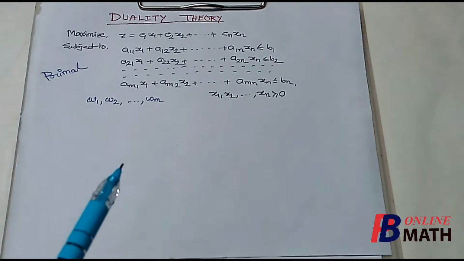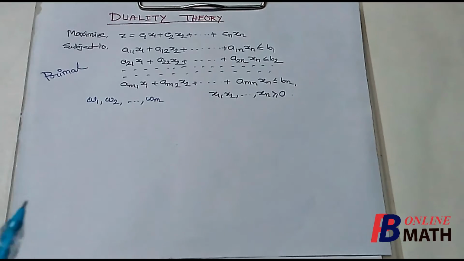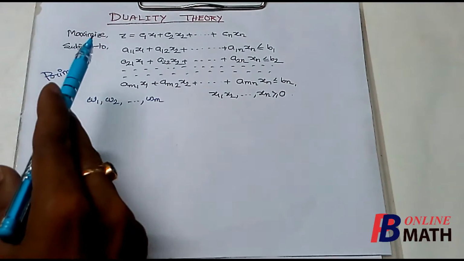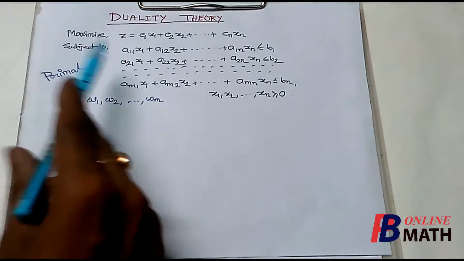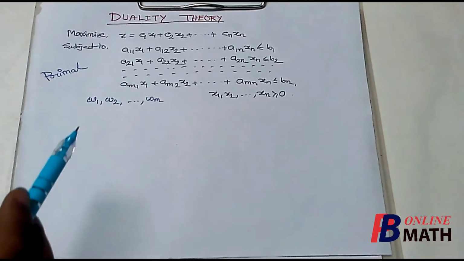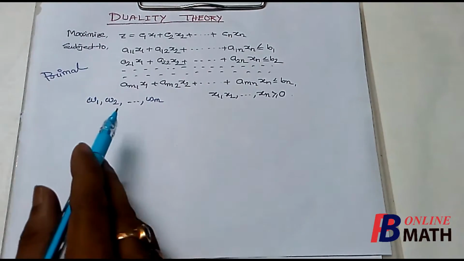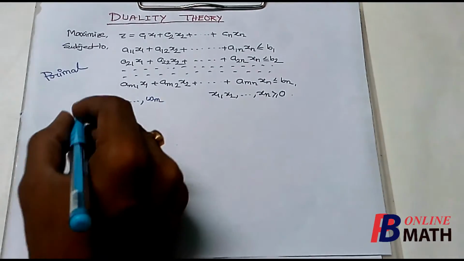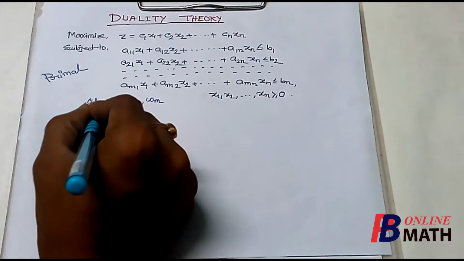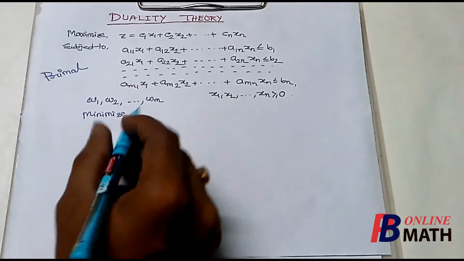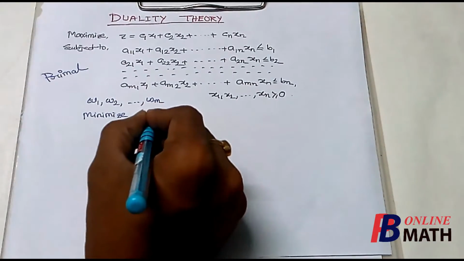Now we write the objective function in the dual problem. Since the primal problem is a maximization type, the dual problem will be a minimization type. So it will be minimize z omega.